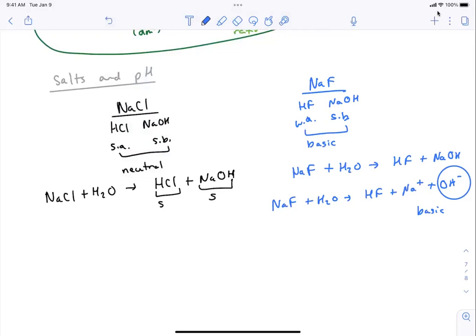Because some of the HF will reform because it's weak, so the F minus will bond with the water to form HF and also form OH minus, and that OH minus is what gives the salt a basic pH. So if you're just trying to figure out whether the salt is acidic, basic, or neutral, just look at the original acid and base. If you're trying to justify it, you have to write the reaction out and then show that you're producing OH minus or show that you're producing H plus as a product.